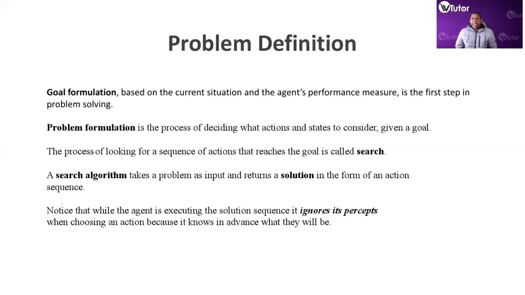Remember, we talked about dynamic and static environments. In a nutshell, while the agent is executing a solution, it ignores percepts. The moment we choose a solution to take, we choose to ignore further inputs until I finish execution.